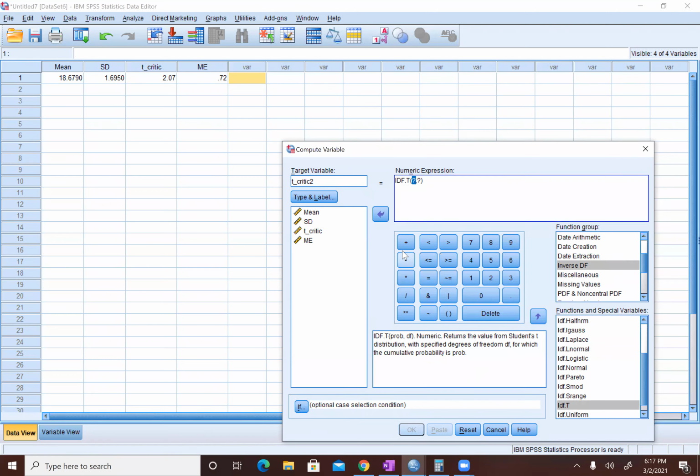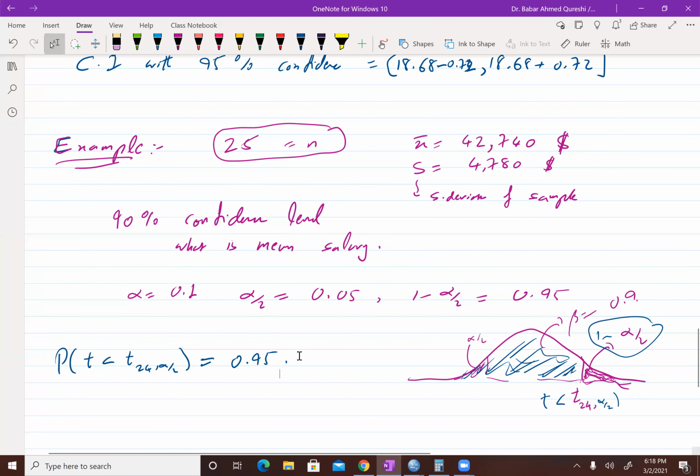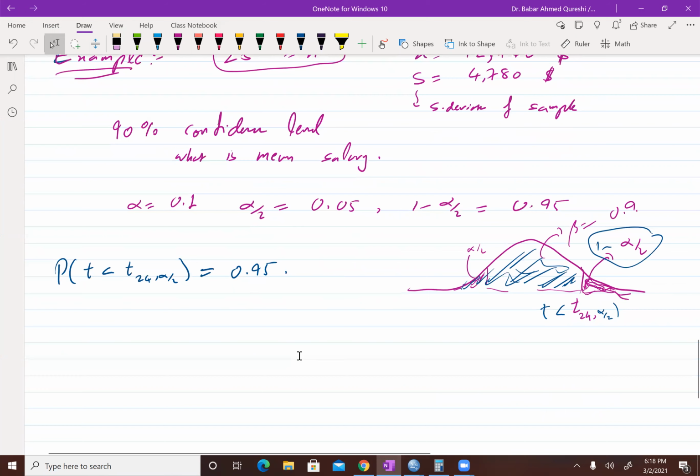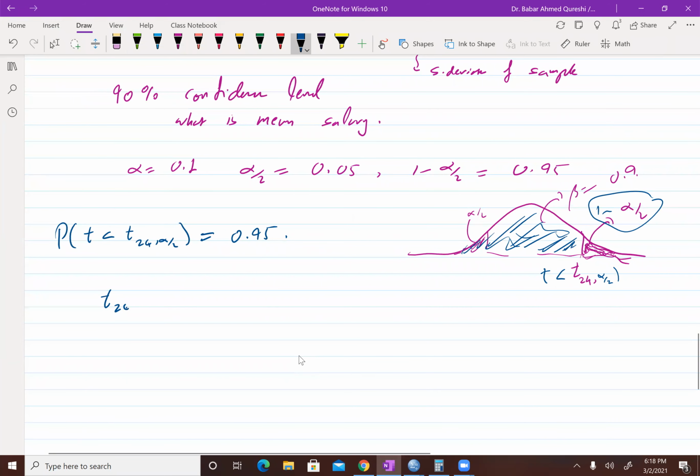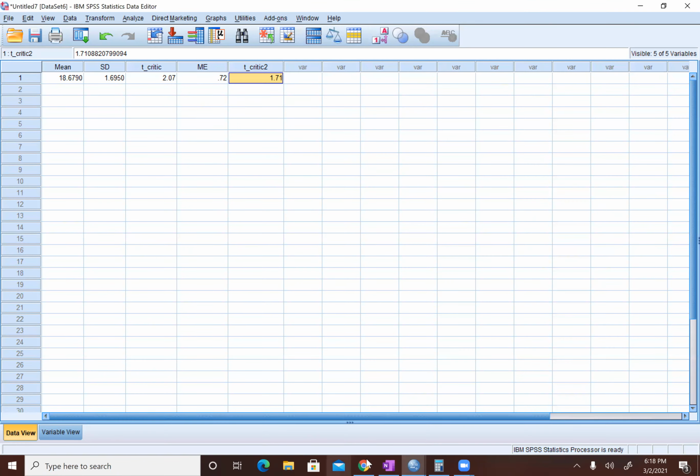Inverse T, 0.95 and 24. So it's 1.71. Let me write this in the notes. So T24, 0.05 is 1.71.